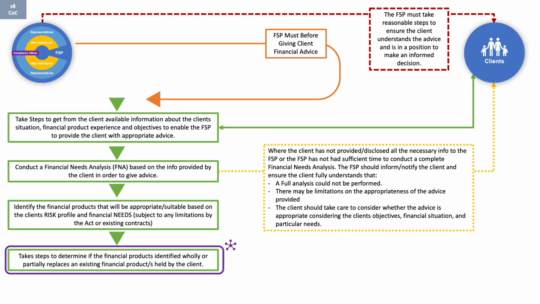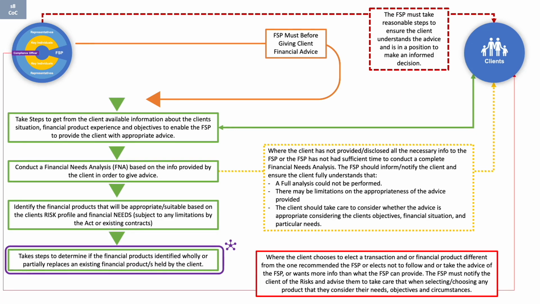There may be limitations on the appropriateness of the advice provided. The client should take care to consider whether the advice is appropriate, considering the client's objectives, financial situation, and particular needs.